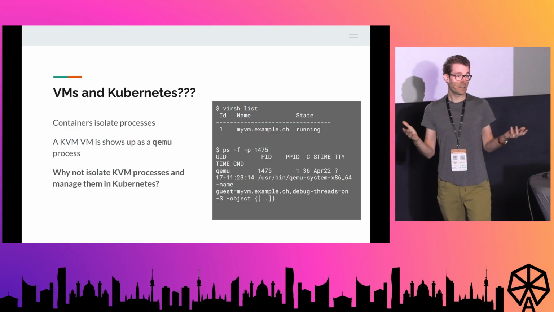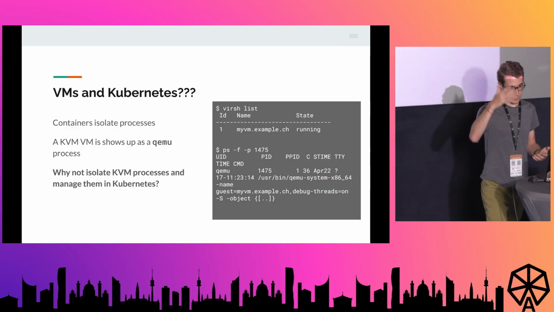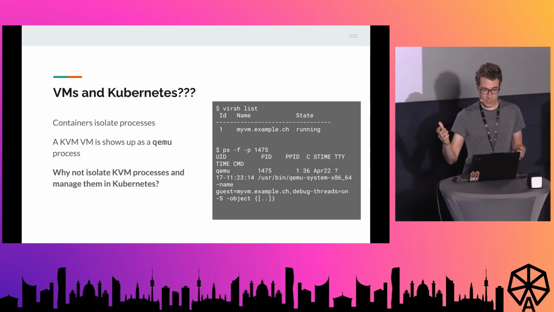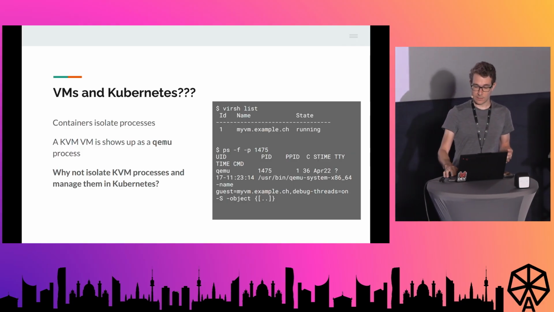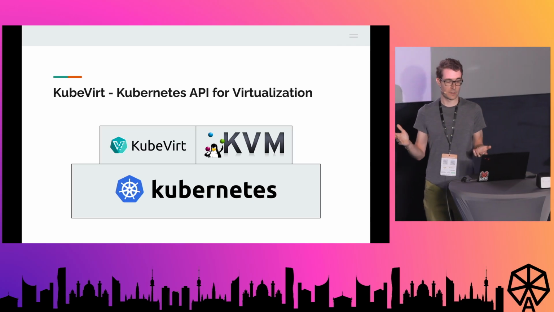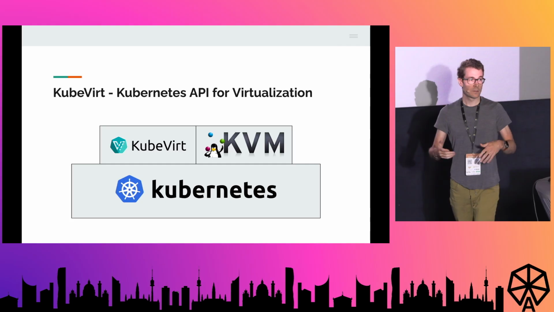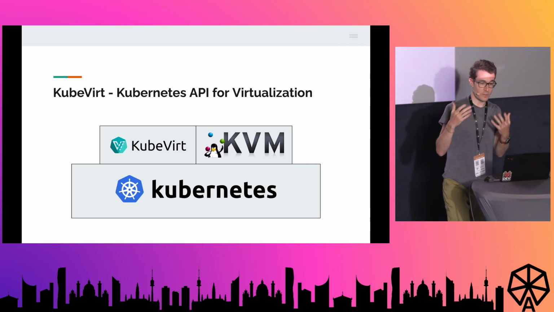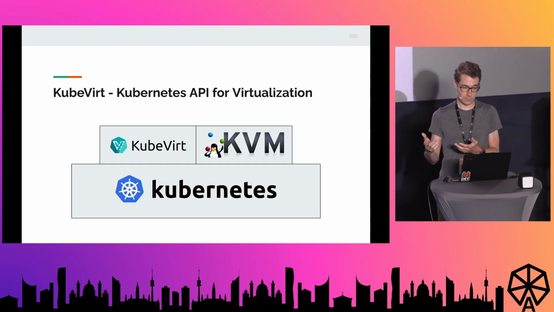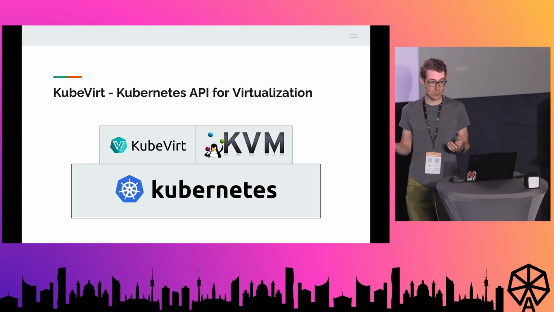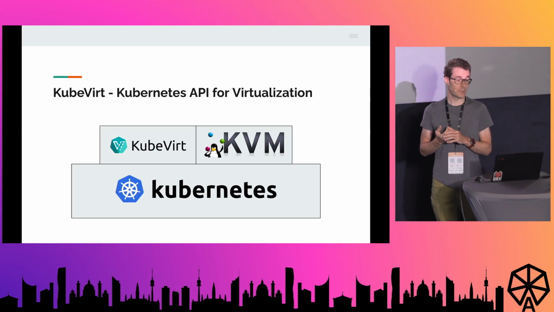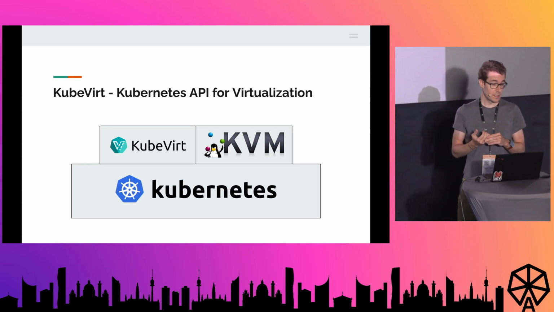And this is what containers do, right? They isolate processes using kernel namespaces and cgroups. So why not do that? And this is exactly what KubeVirt does. KubeVirt provides a Kubernetes API so we can run our VMs within pods. KubeVirt is an open source project and a Cloud Native Computing Foundation incubating project.